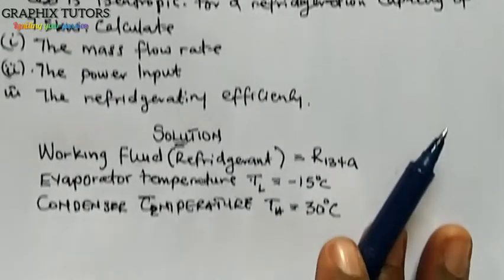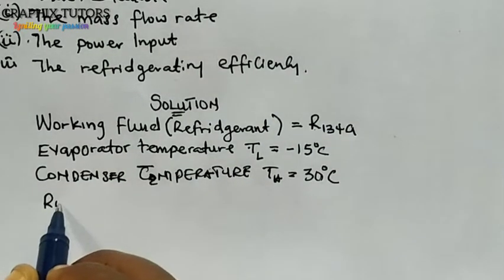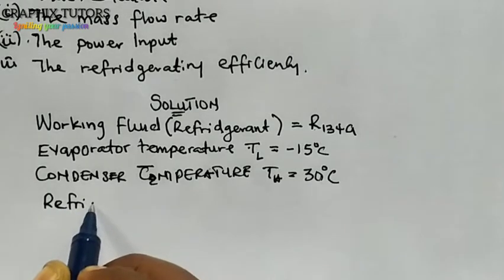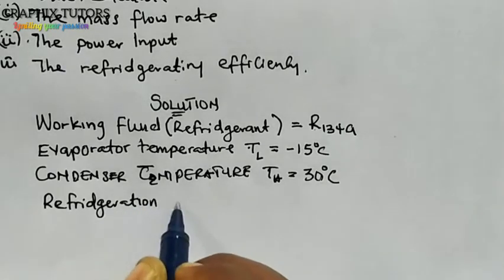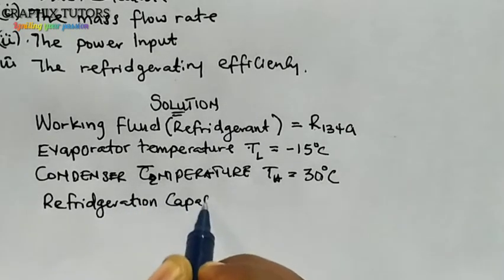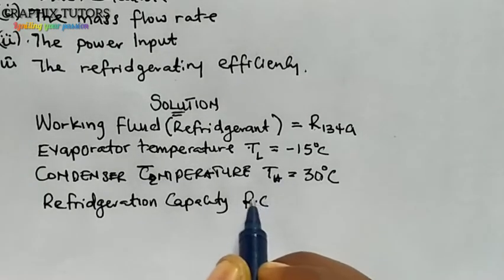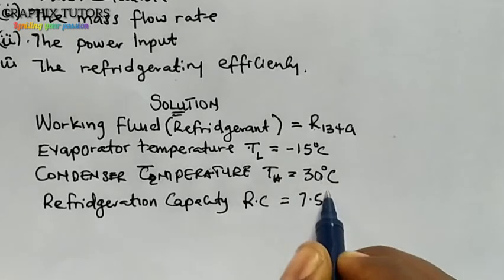So we are going to write that our refrigeration capacity, which is R.C, is 7.5 kilowatts.